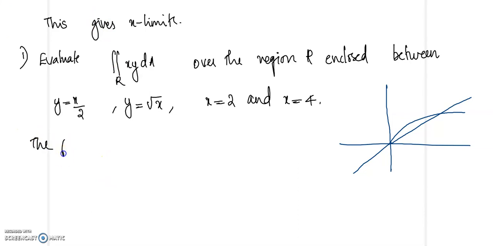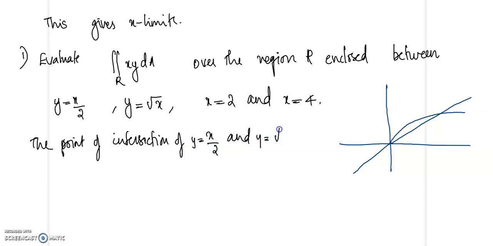Now let us look at the point of intersection of y equal to x by 2 and y equal to root x. That is x by 2 equal to root x, so x square by 4 equal to x.